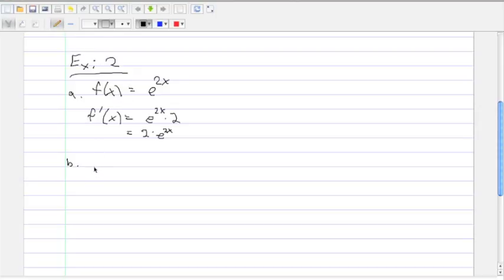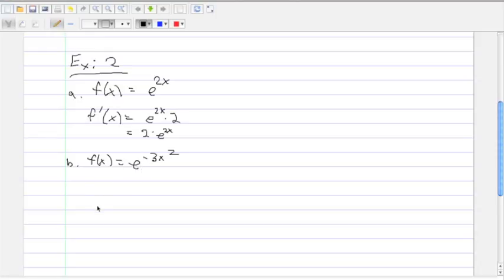If we want to find the derivative, we're going to use the chain rule here.